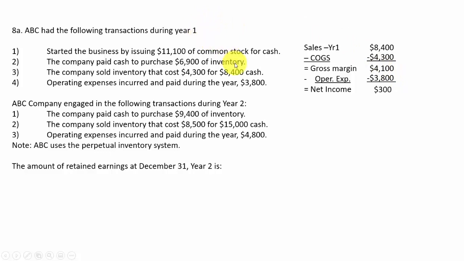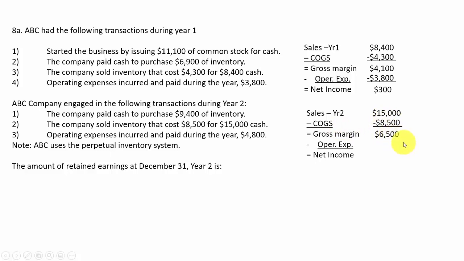We'll then start looking at year 2, and we'll bring that $300 forward into year 2 as the beginning retained earnings balance. So in year 2, we've got sales of $15,000 cash, right from this second item. We got the cost of that inventory that we sold, $8,500, which is right here. That difference will be a gross margin of $6,500.